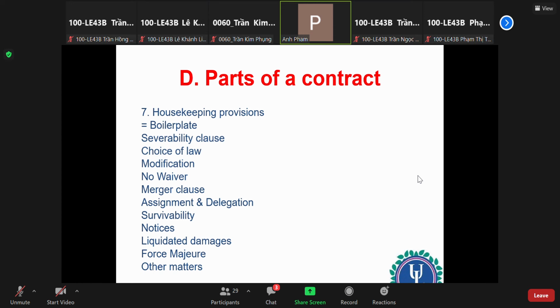Before the delegation of an obligation, you need to get the consent of the other party. For example, I have a loan of 1 billion Vietnamese dong, and I want to delegate the loan to my friend, which means my friend needs to repay the loan to the bank instead of myself.